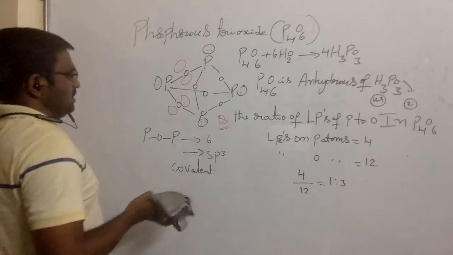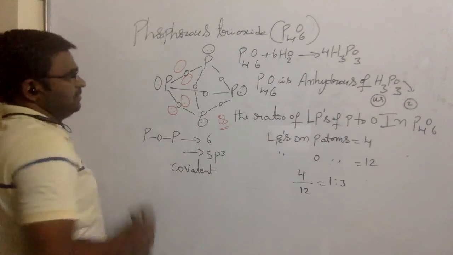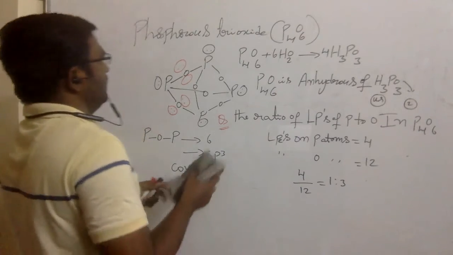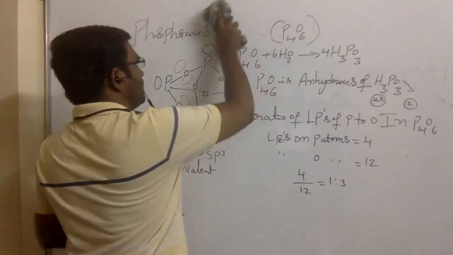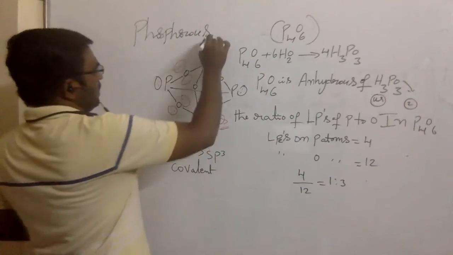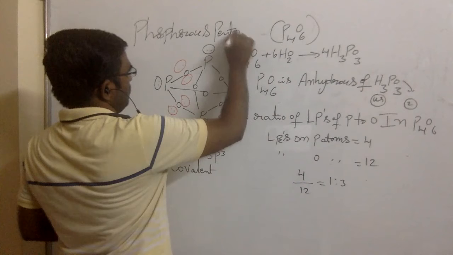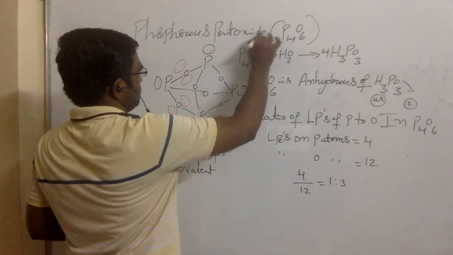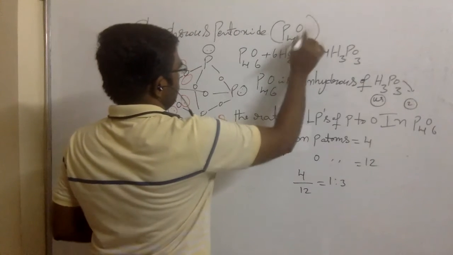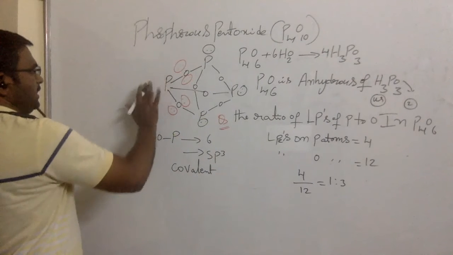Okay, students, this is the complete information about phosphorus trioxide. Next, discuss phosphorus pentoxide. Phosphorus pentoxide formula is P4O10. There are no lone pairs.